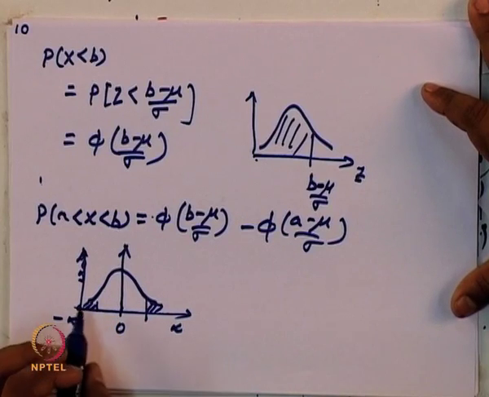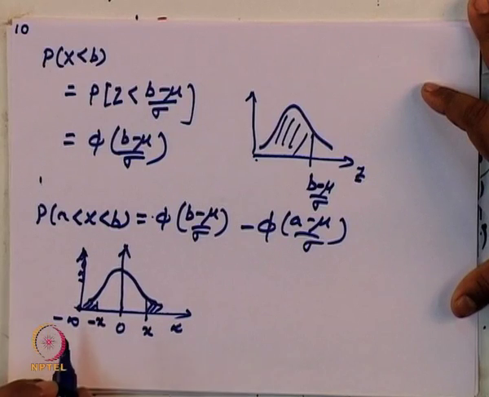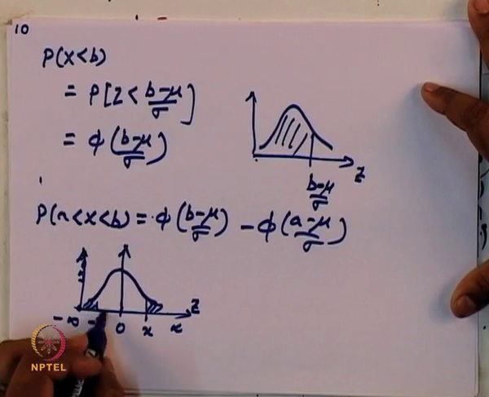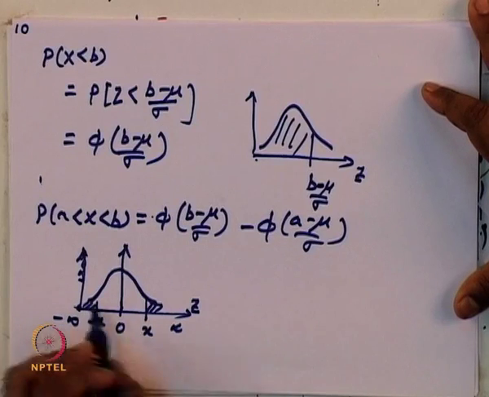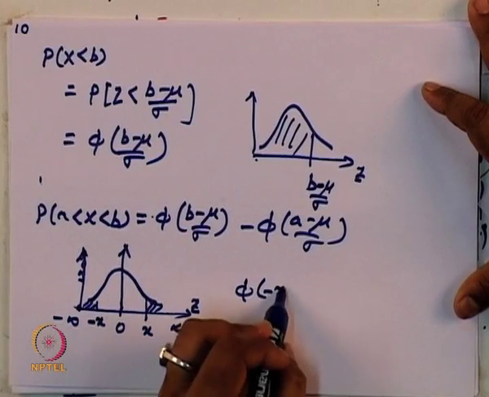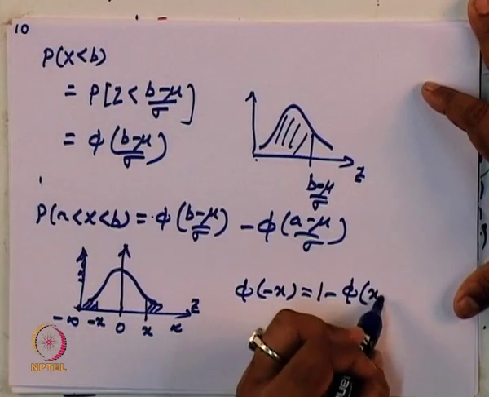In other words, let us say this is the value x and this is minus x. This is your z axis. For phi of minus x, this area and this area are exactly equal. So, I can write phi of minus x is equal to 1 minus phi of x.